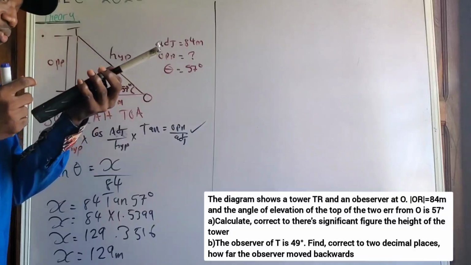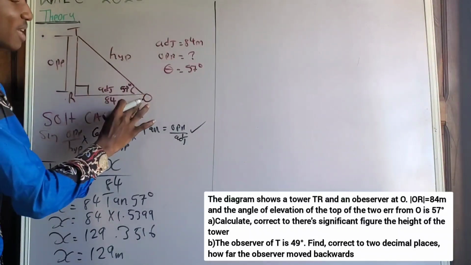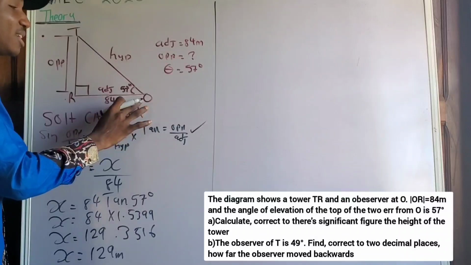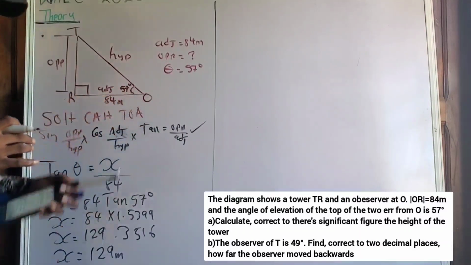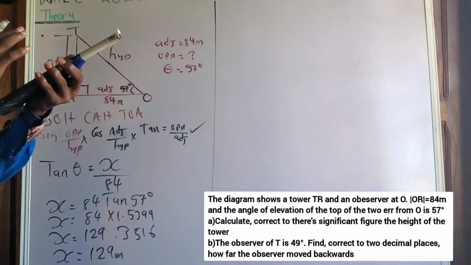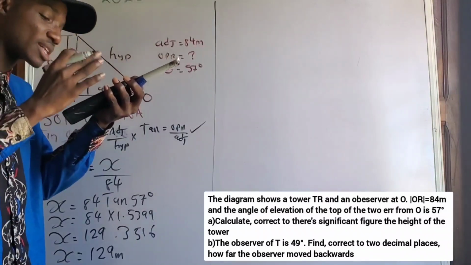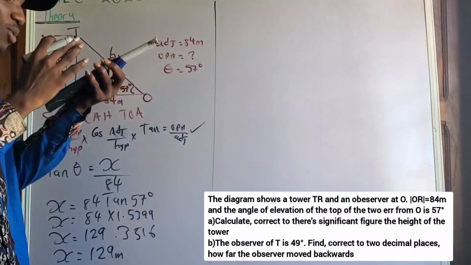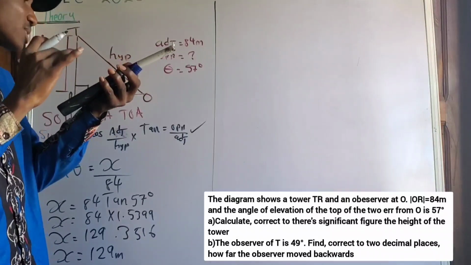In the next question, we are told that the observer at O, this is where the observer is before. Listen to me carefully. Now we are told that the observer at O moved away from the tower in the same straight line until the angle of elevation of T is 49 degrees.